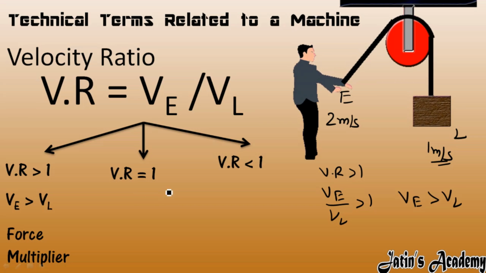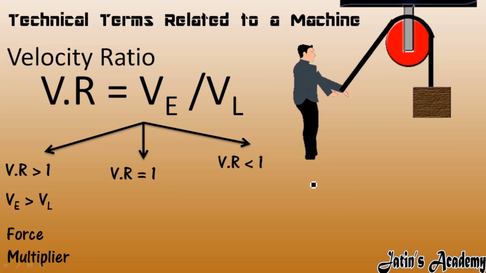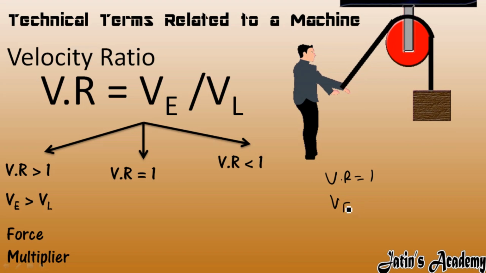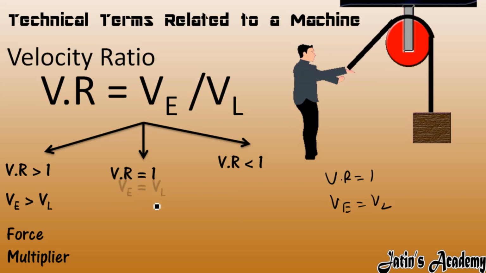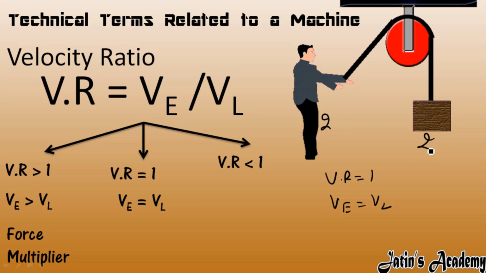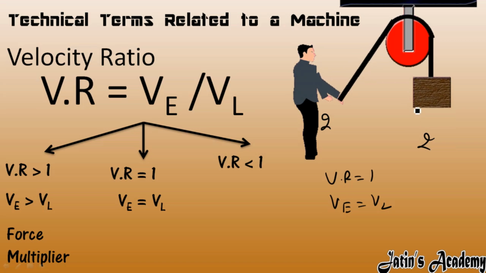Clear? Now when velocity ratio equals 1, it means velocity of effort is equal to velocity of load. For example, here also 2, here also 2, then what is the function of the machine? That machine acts like a change in direction.